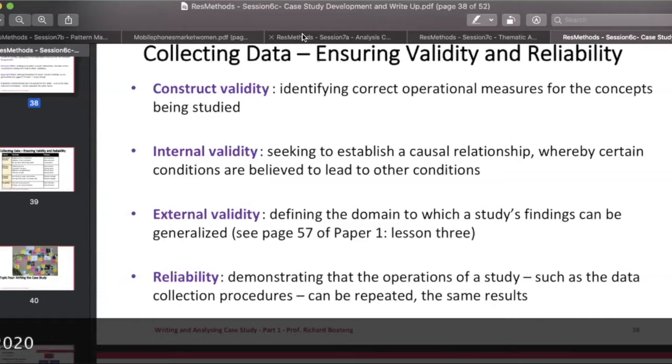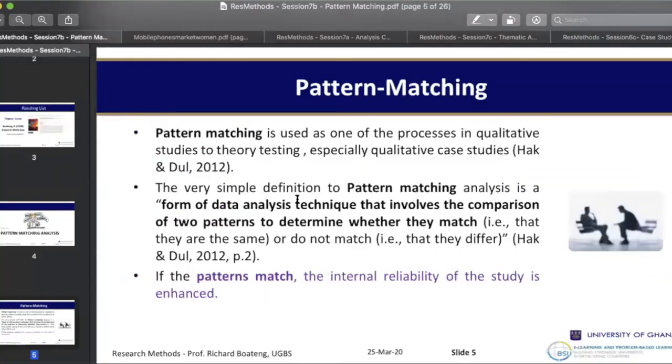Going on from there, what we were trying to emphasize is the fact that whenever you are doing pattern matching, you are trying to compare one pattern with another pattern, to see whether they are the same or whether they tend to differ.